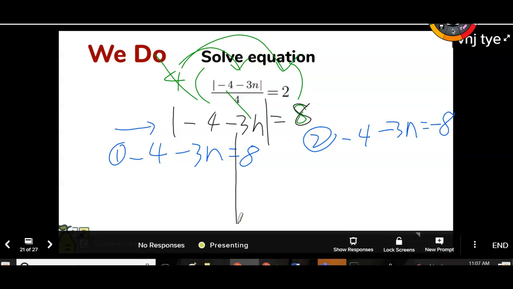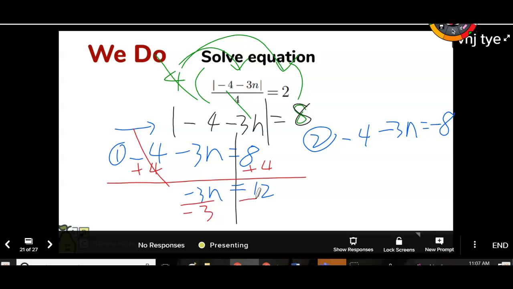For this equation, you want to get rid of the single number first, which is -4. So get rid of -4 by +4. And you have -3n. On the other side is 12. And then get rid of -3 by dividing by -3.